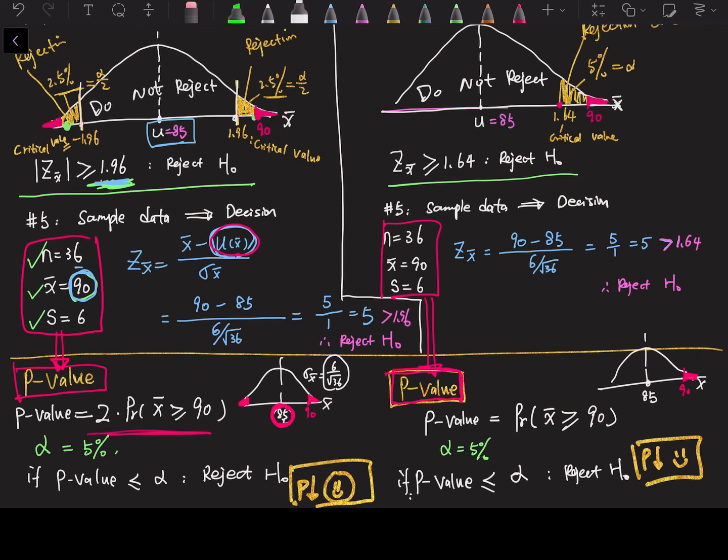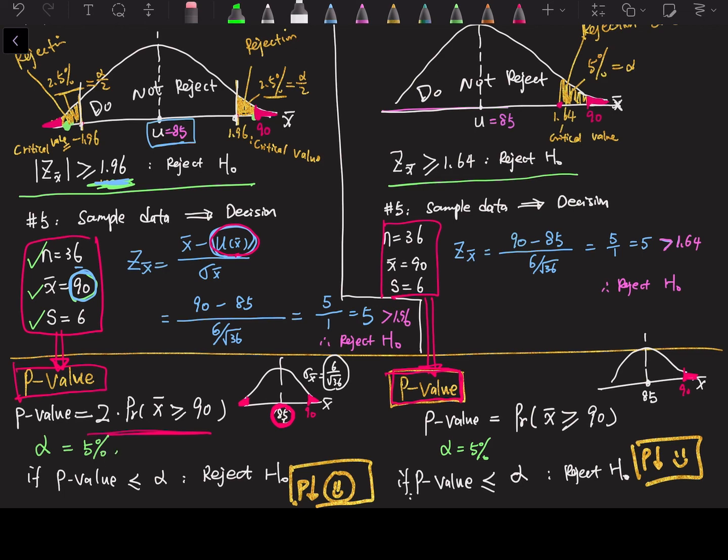The p-value should be less than the 5% significance level. The reason you multiply by 2 is because this is two-tail, and more importantly, you want to compare the p-value to alpha. Only when you multiply by 2 can you make these two values comparable. Otherwise, you would just compare to 2.5%.